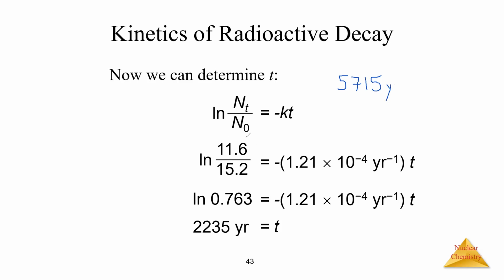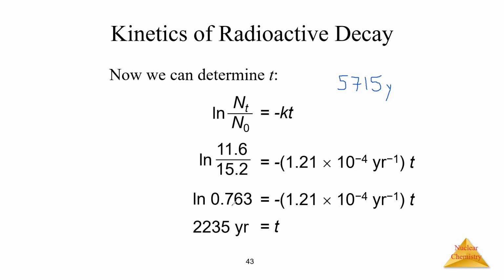We have more than half of it remaining, 11.6 compared to 15.2. So the amount of time should be less than this, because if it was equal to this or greater, we'd see even more of this substance would have decayed. So the fact that we get a value like 2,235 compared to the half-life of 5,715 seems like a reasonable number, considering that we have about 76% of that substance remaining still.